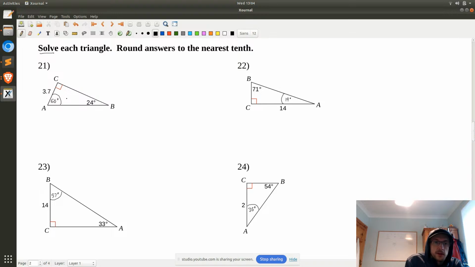Okay, now missing lengths. Say if I want the opposite, I have the adjacent. So what do I do? Well, I can do tan. Here's my opposite.